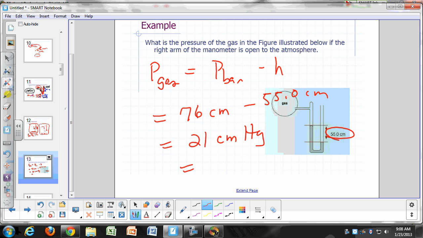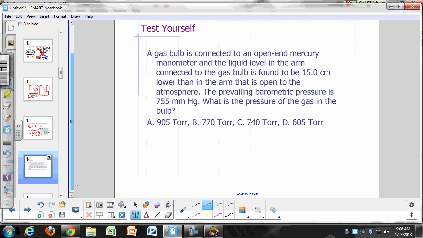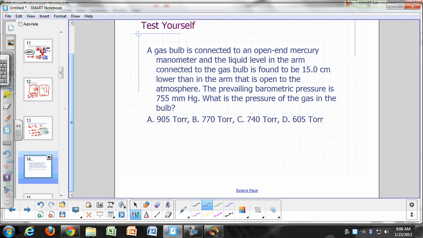So that's going to be 210 torr. Okay, 210 millimeters of mercury. Let's just make that homework. Okay.